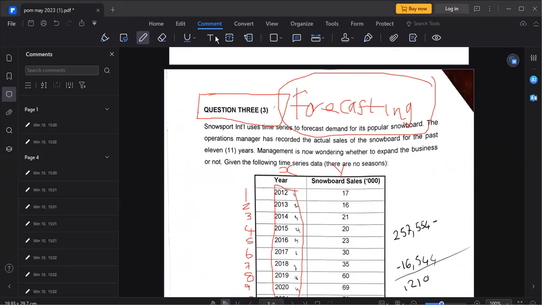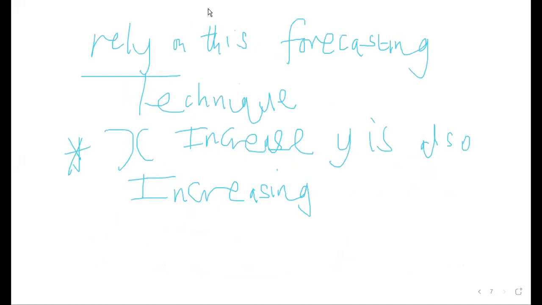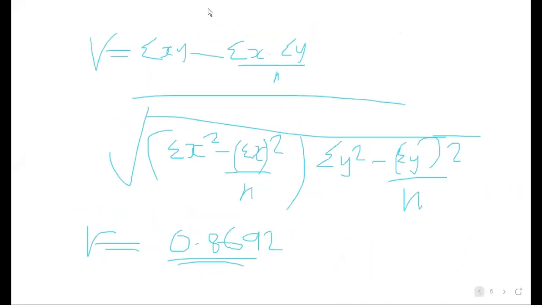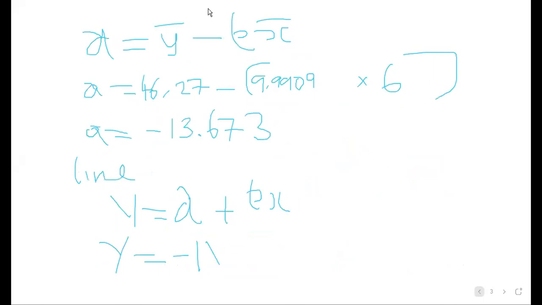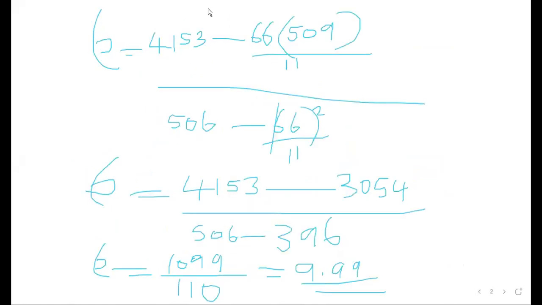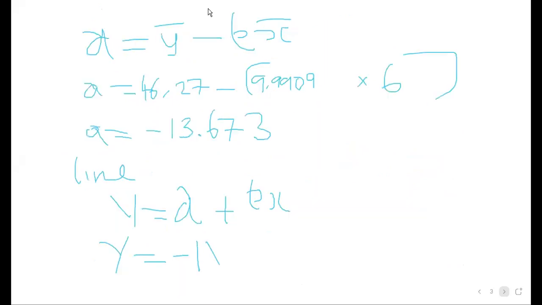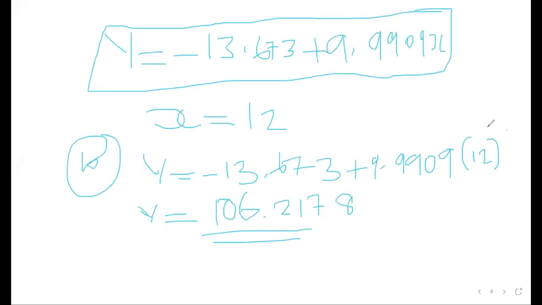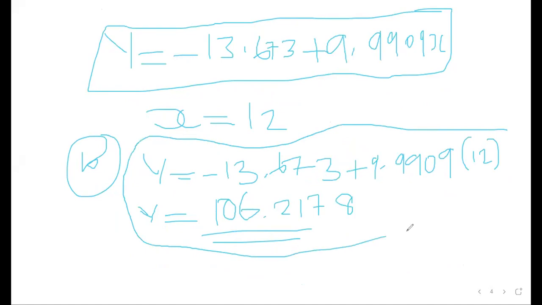Okay, the question where we were asked to forecast for the next year. The answer is here. We substitute X as 12 here, so it was 106 point this, using the regression equation. Have you seen this B?